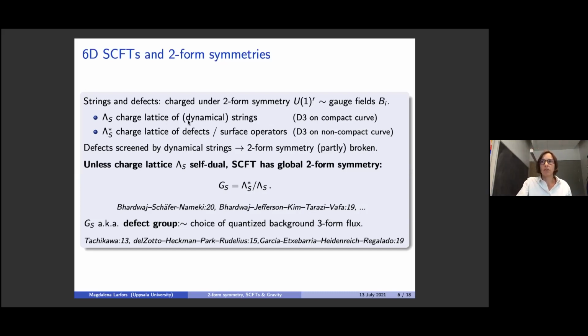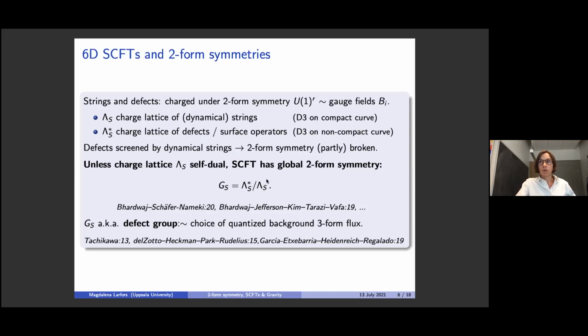So as long as we have these dynamical strings, there will be at least partial breaking of the two-form symmetry. It was shown by Bhardwaj and Tachikawa some years ago that unless the charge lattice is self-dual, since the charges of the dynamical strings are given by Λ_s and the charge lattice of defects is given by the dual of that, there will be a global two-form symmetry remaining, but it will be discrete and it will be determined by this lattice quotient.